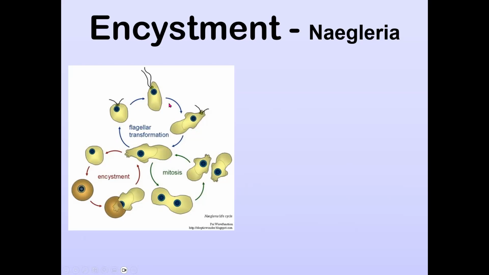So it's just that normal thing. If it undergoes mitosis, where it splits this way and just goes around and around. So we've got two ways of it reproducing. But when conditions are particularly bad, especially cold, it'll develop a cyst around itself and will stay there until the conditions are right.